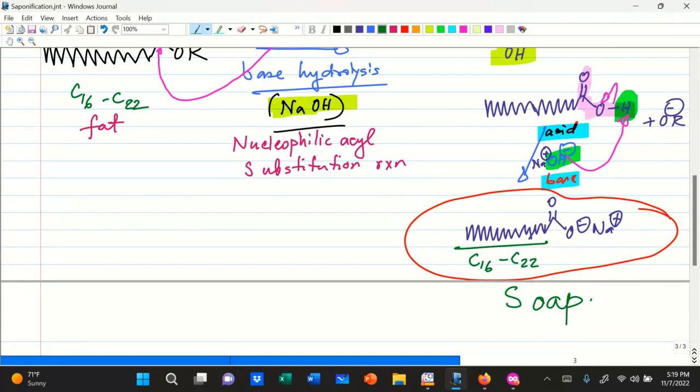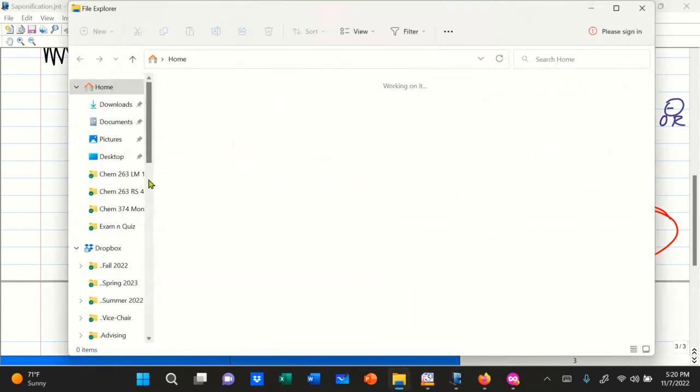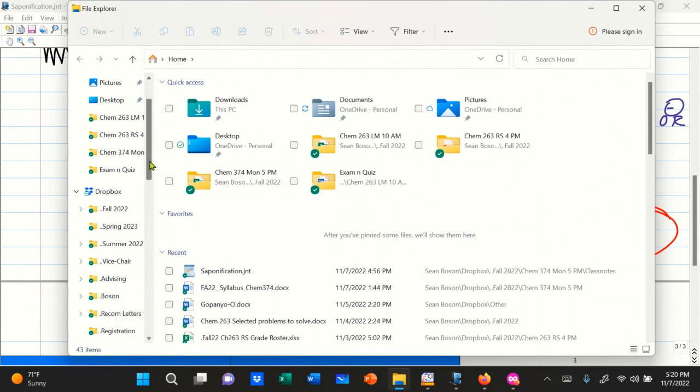Anyhow, so here, pay attention. This carboxylic salt of the original carboxylic acid, when the carbon chain is between 16 and 22, acts like a soap molecule. And that is indeed a soap molecule. Okay, you have learned how a soap molecule functions. I may have a picture. Hold on, let me get a picture.